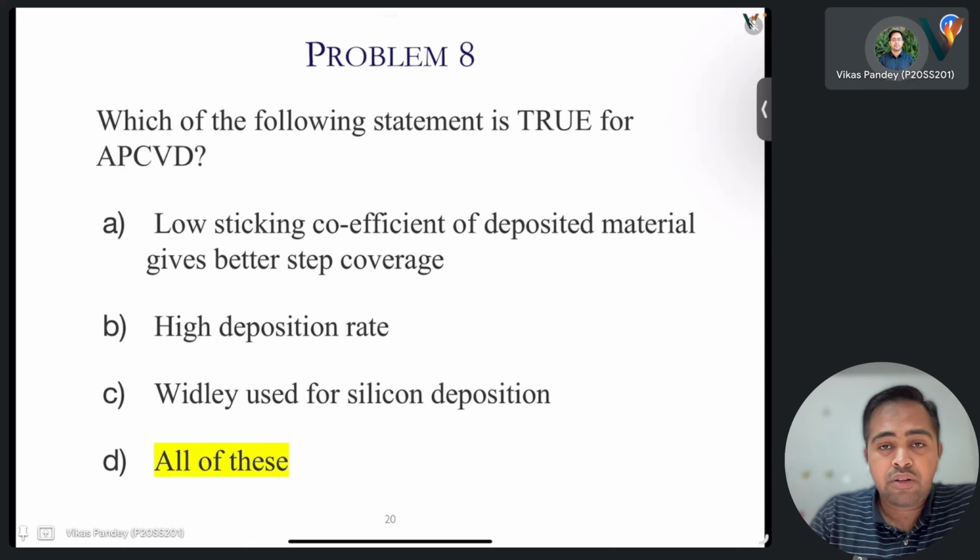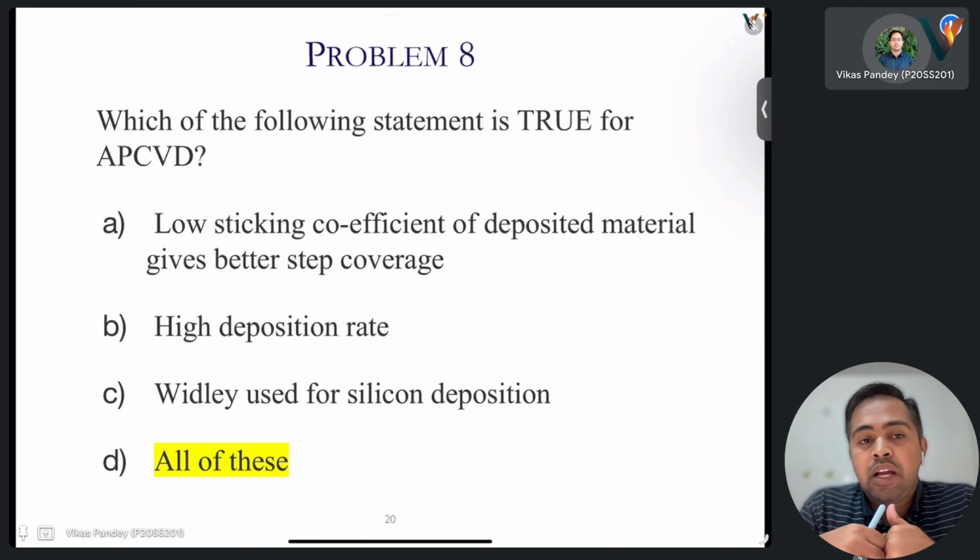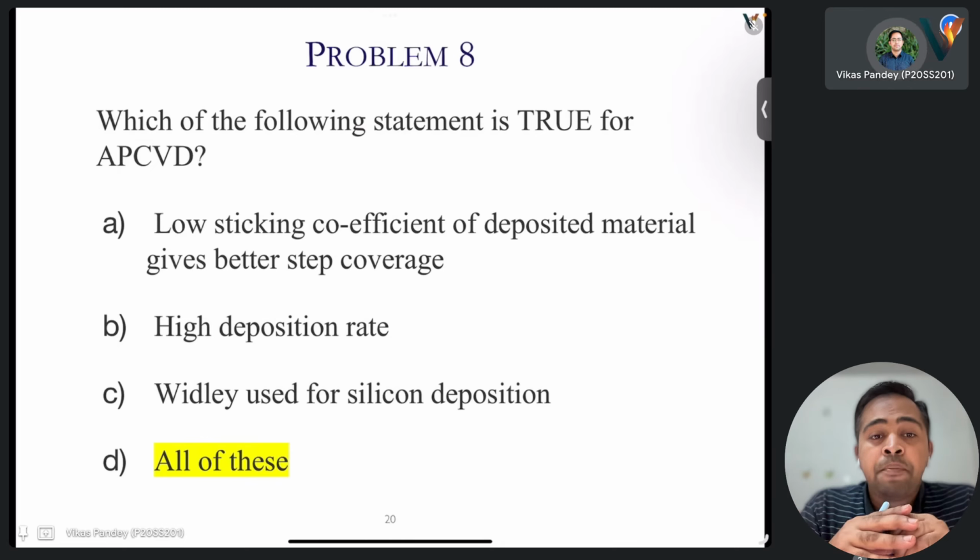Low sticking coefficient of deposited material means here the deposited material is not very easily sticking on the sample, and that is why it gives better step coverage. Okay, the rate is very high because there is no constraint put, normal reaction occurs. Okay, so rate is high, and yes, it is very frequently used for silicon deposition.